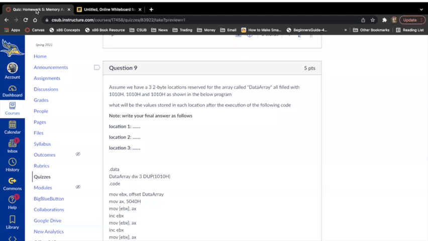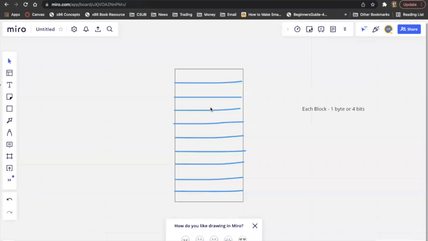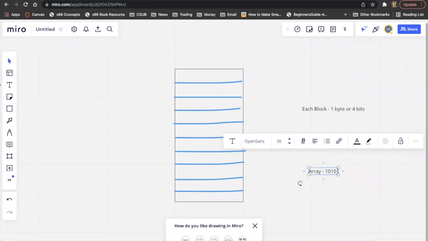Okay, and next problem, we have an array. So we'll remember this, and the array is like this: 0, 0, 0, 0, 0, right?